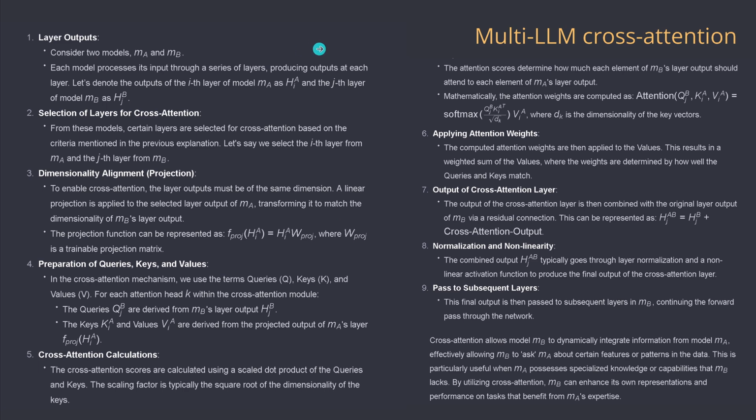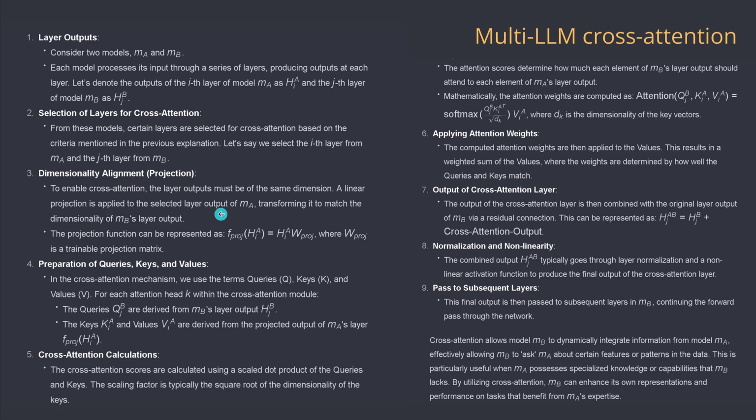So again, two models, A and B, and we have different layers. Then we have a selection of specific layers for our cross-attention. Then we have a projection for the dimensionality alignment of both layers.